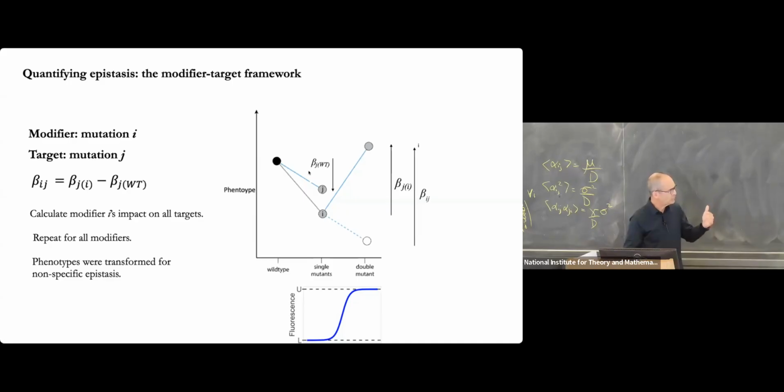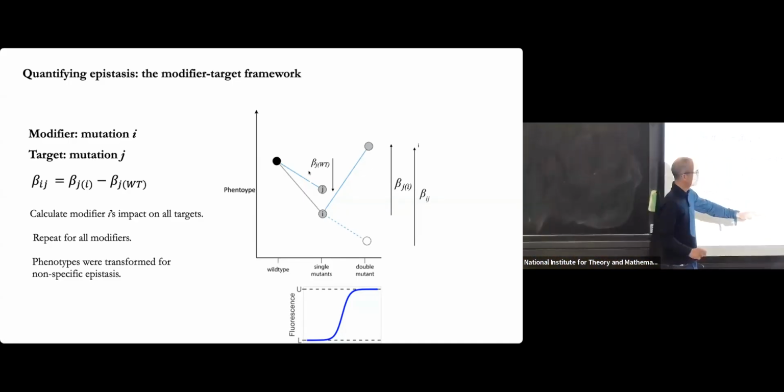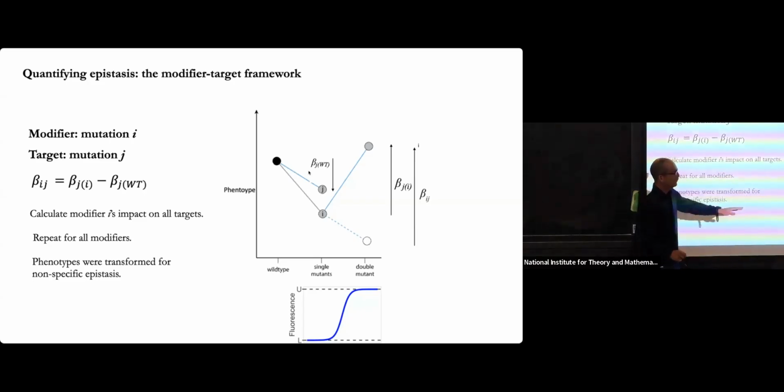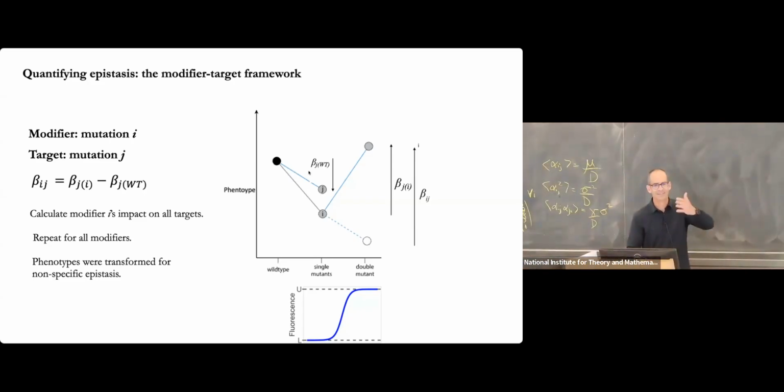And so we use a sigmoid transformation to transform fluorescence into the latent linear variable that's the effect of each state and combination.